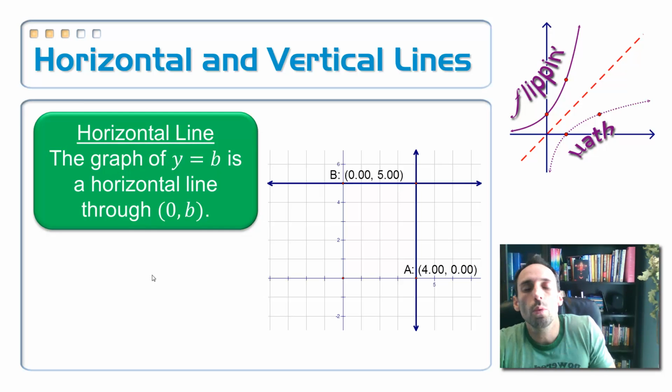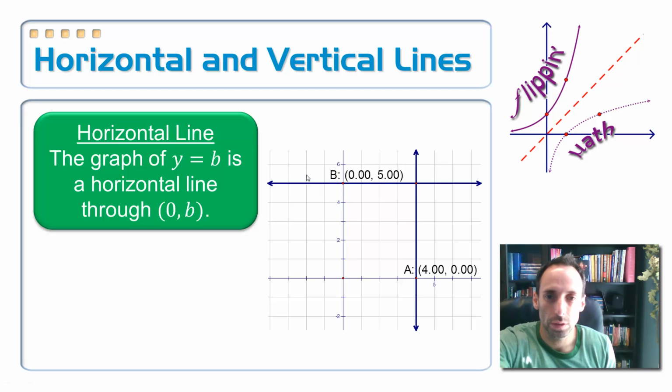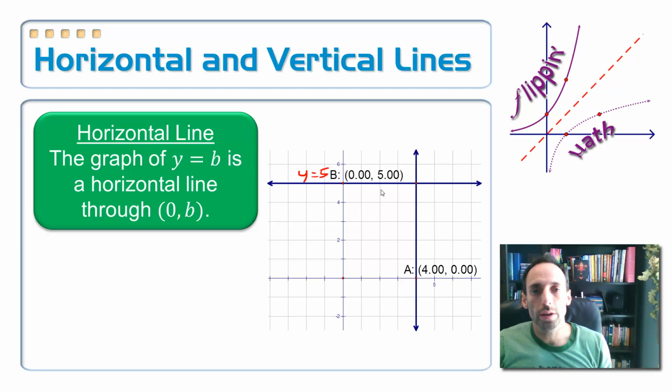So whatever point it goes through, for example, this one goes through (0, 5), then my line is just y equals 5. But I didn't need to have the y-intercept. I could have had this point over here. It is (6, 5), and I still know that the horizontal line that goes through it is y equals 5.